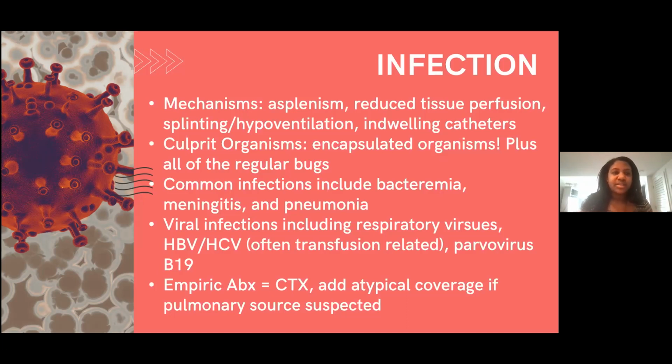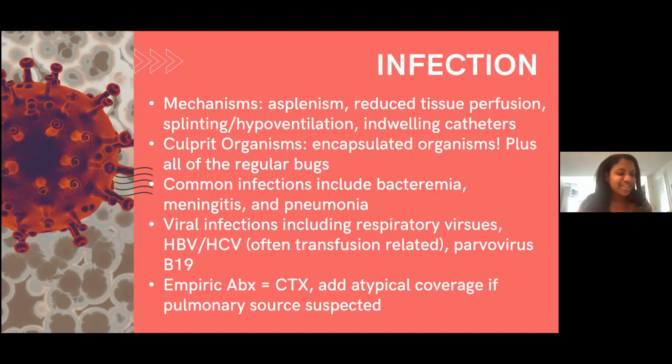Basically your red cell precursor cells are infected and they don't produce anymore, they transiently cease to exist, and then you don't have any production of new red blood cells and can have severe anemia from that. Also, parvovirus has been associated with development of acute chest syndrome, bone marrow necrosis, pain crises, and stroke as well.